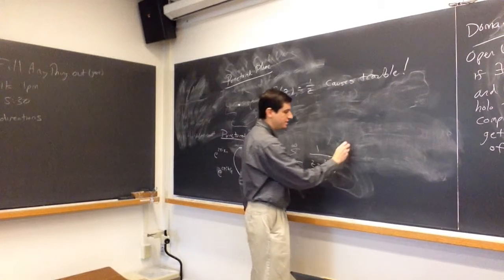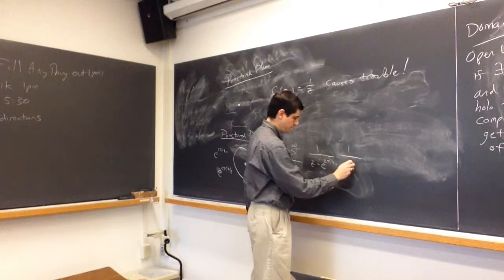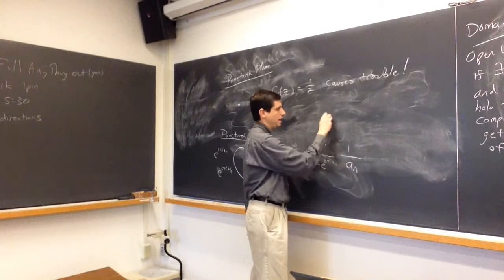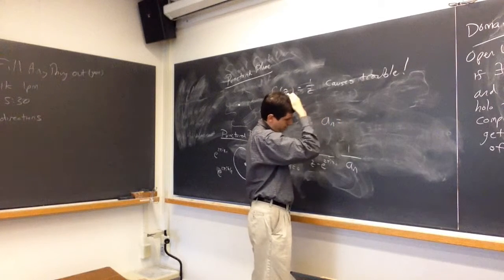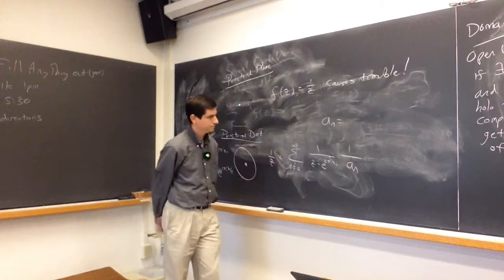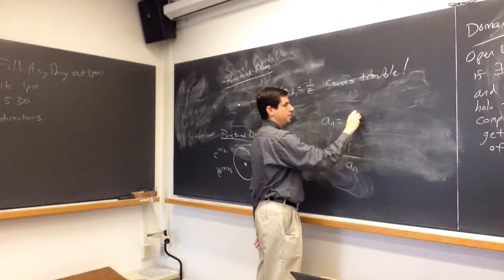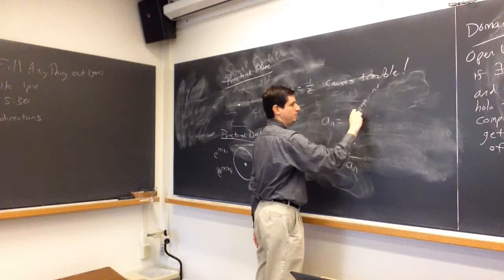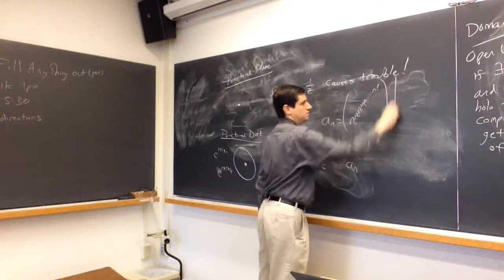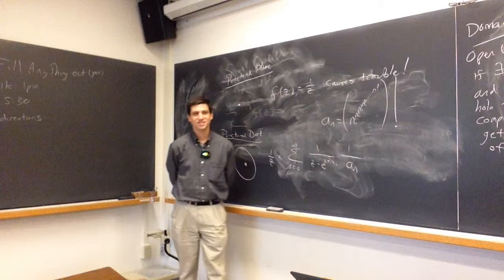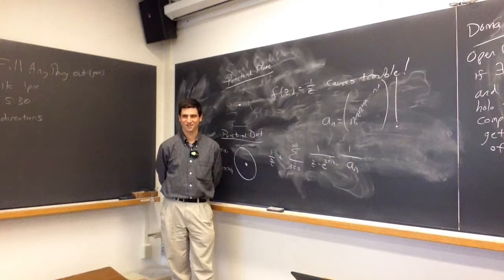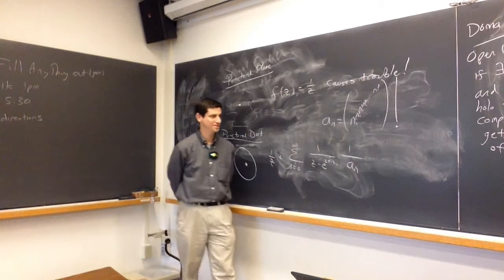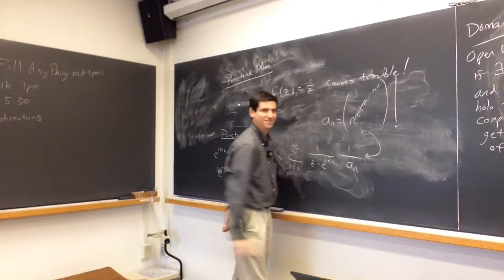So maybe we put in some factor, a_n. Maybe a_n is n to the n to the n to the n to the n. Maybe put factorials on each one of these. Maybe put a factorial there as well, something like that. Put in a huge weight down below.